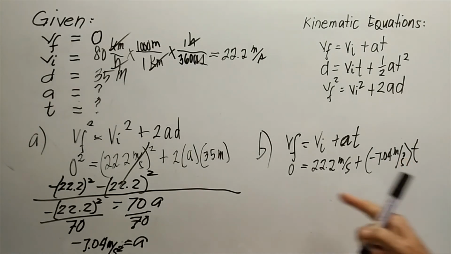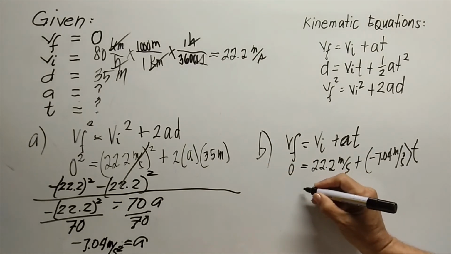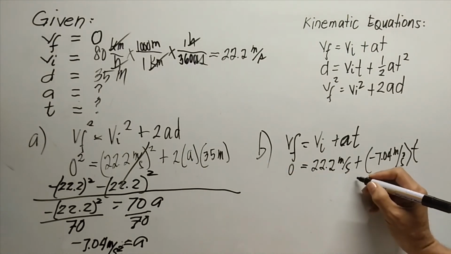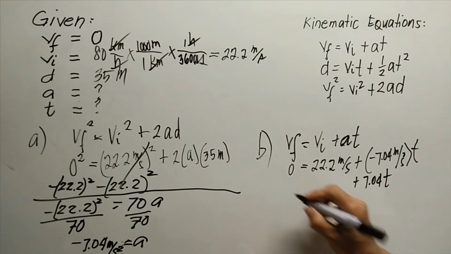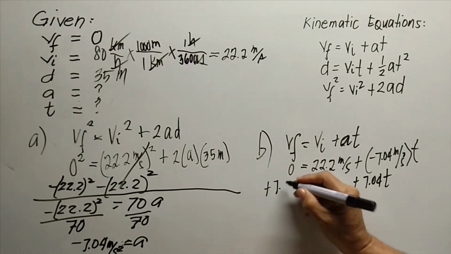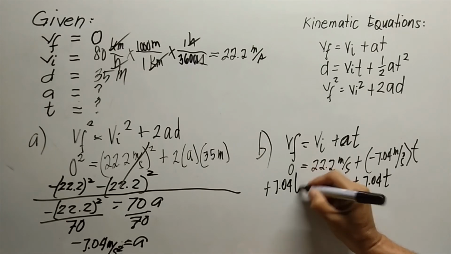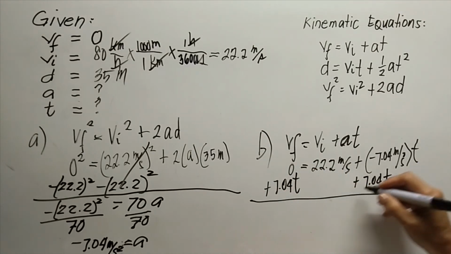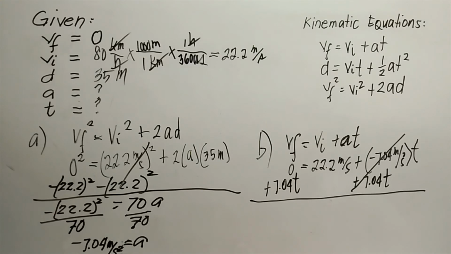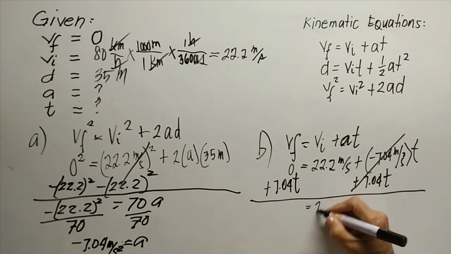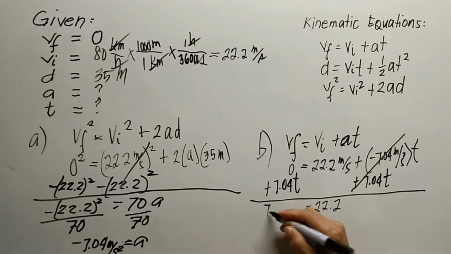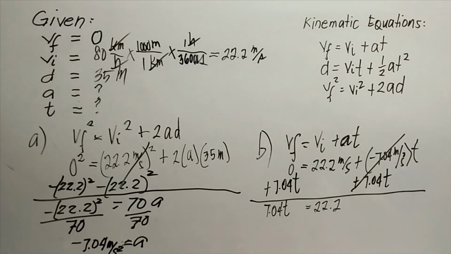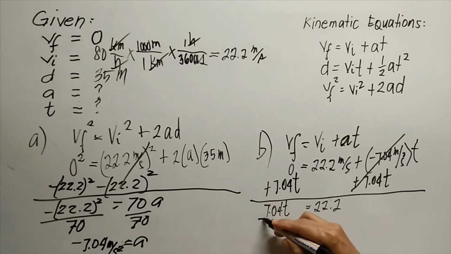Okay, so transpose this to the other side. So this will be plus 7.04 t plus 7.04 t. This will become 0. And the 22.2 will remain here, and this will be 7.04 t. Okay, we'll transpose this value to the other side.